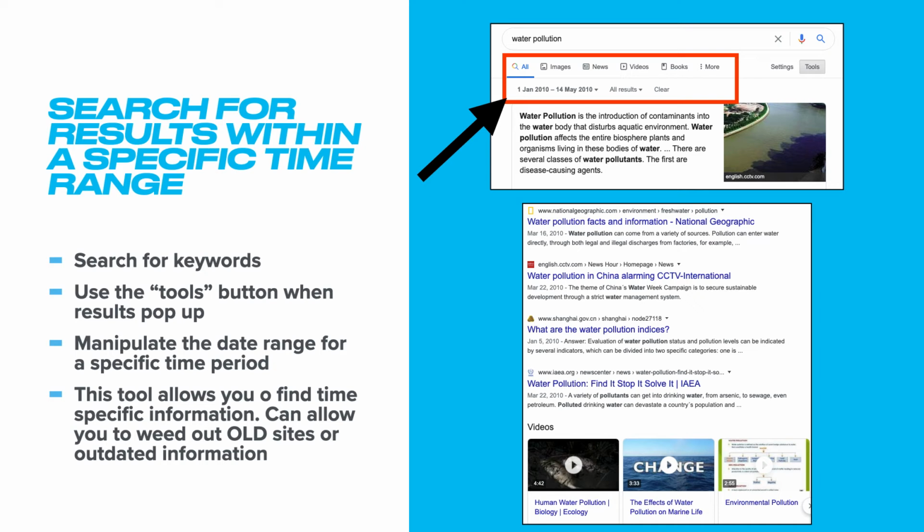So you just type the search term, water pollution, and then you'll find a little button that says Tools. When you click on Tools, click on Time, and as you can see there, I've put in 1st of January 2020 to 14th of May 2020. So it's given me a time range, and all my results will only show things that are published within that time frame. Again, a really good tool for getting up-to-date specific date information.